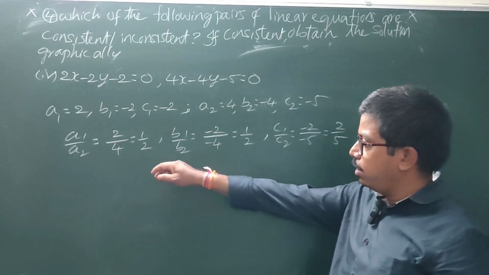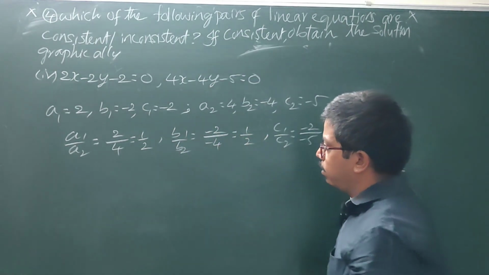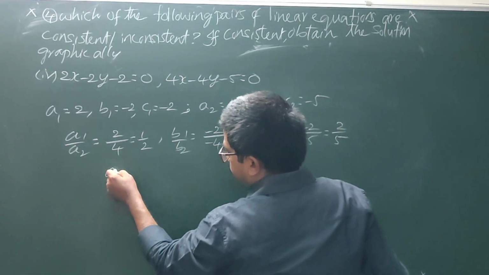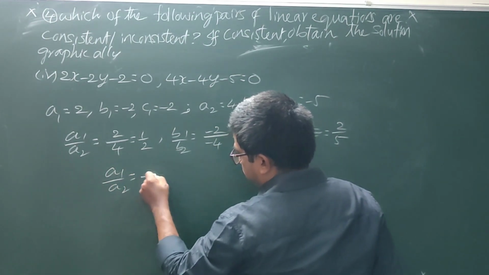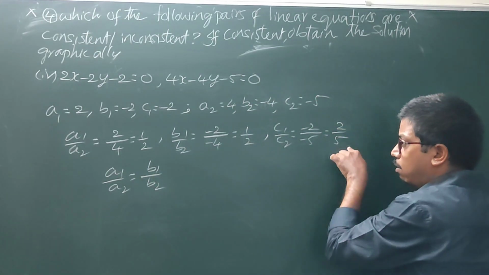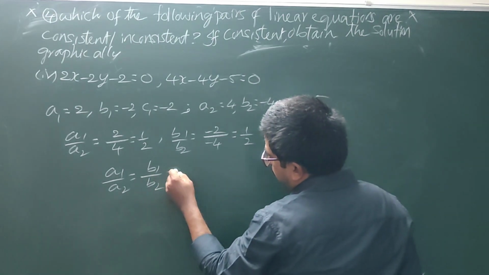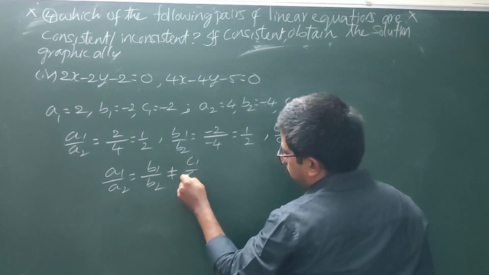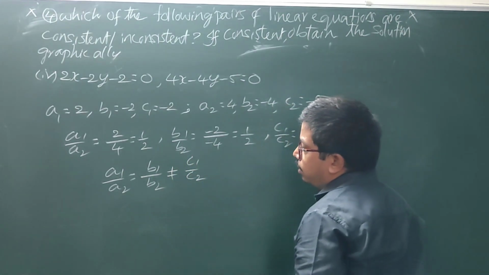What do you observe here? 1 by 2 equal to 1 by 2. That means a1 by a2 equal to b1 by b2 not equal to 2 by 5, means not equal to c1 by c2.